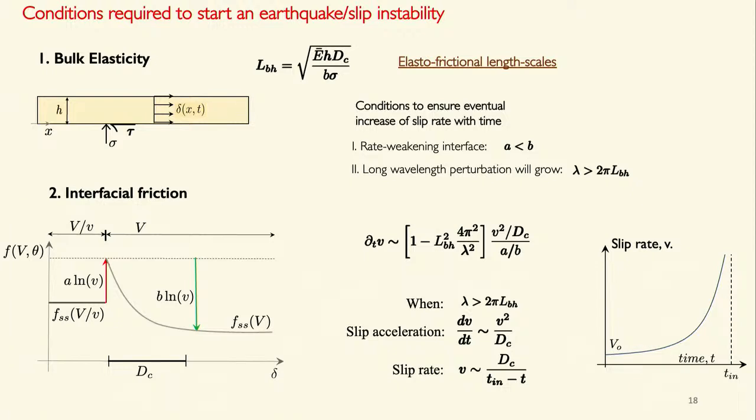That indicates that this problem, so this is simple elasticity, this is lab based strength formulation, and this permits an instability in finite time, and this finite time instability is the reason that we get an earthquake.